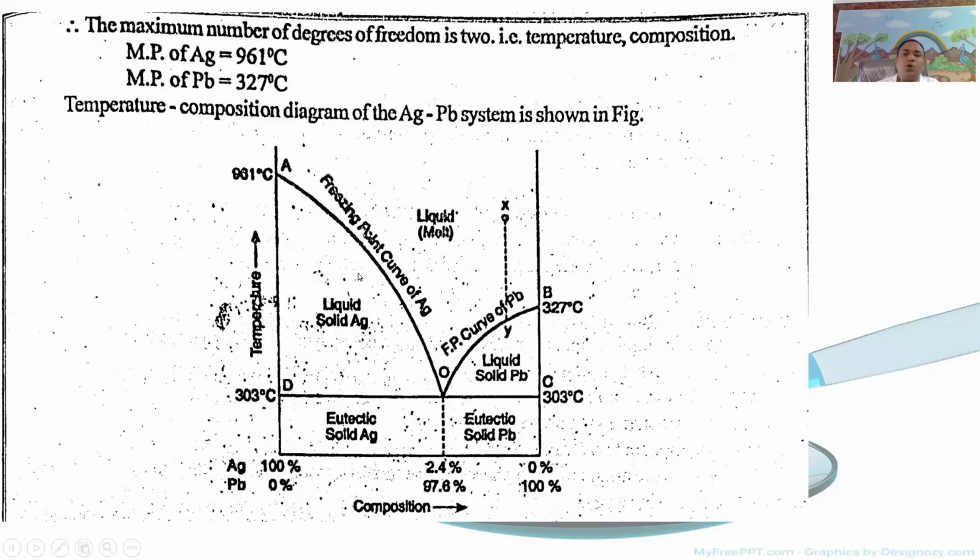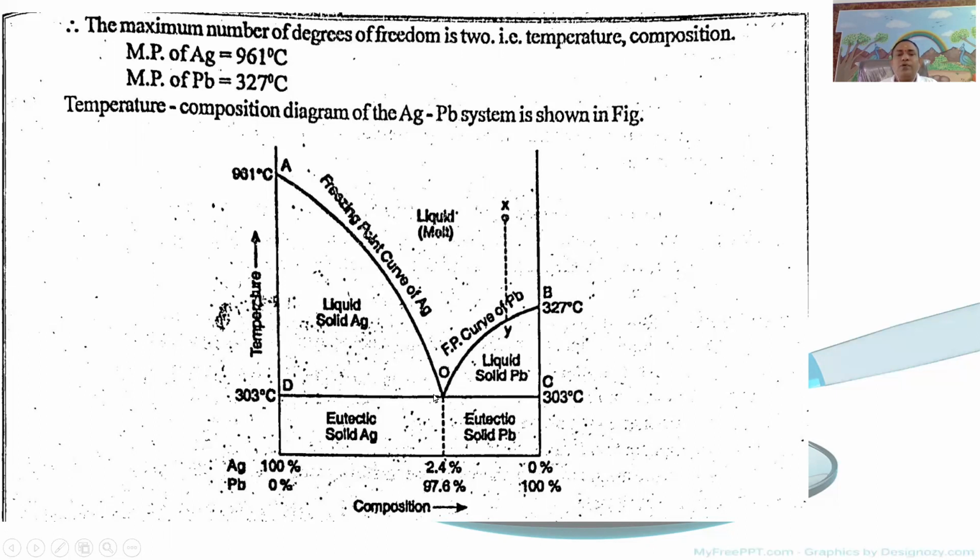The AO and BO curves show the equilibrium between two phases of the silver lead system. On the AO curve, solid silver and liquid silver lead coexist in equilibrium, and on the BO curve, solid lead and liquid silver lead exist in equilibrium.